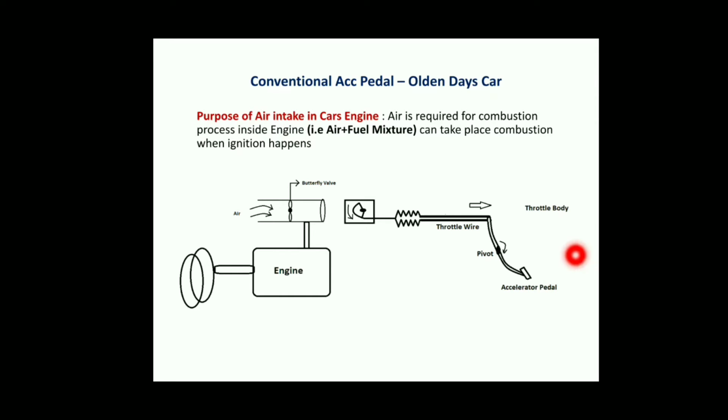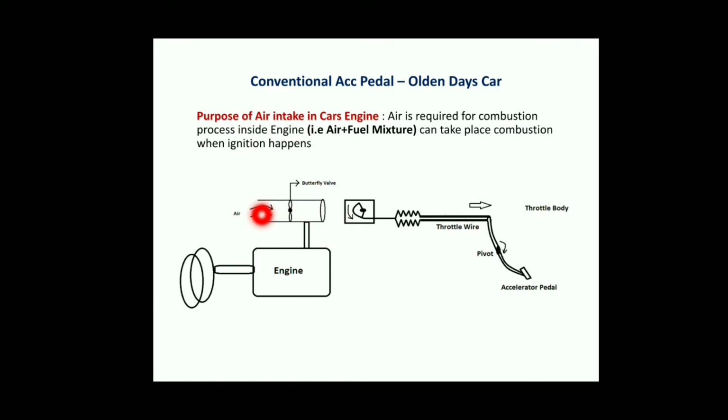Whenever you press the accelerator pedal in the car, there is a pivot which pulls the throttle wire, and the throttle wire makes the throttle body, that is the butterfly valve, open. How far the valve opens determines how much air comes inside the engine.